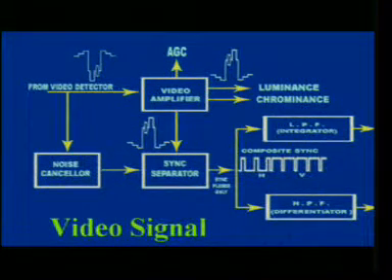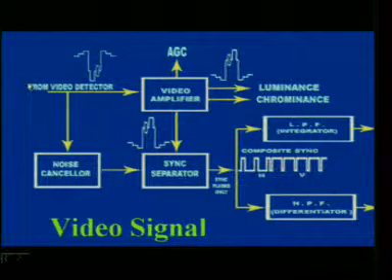Video signal is available after the video detector. Therefore, we first have to search for the video detector stage in the TV. This video signal, which is composite in nature, is available at the video detector stage.